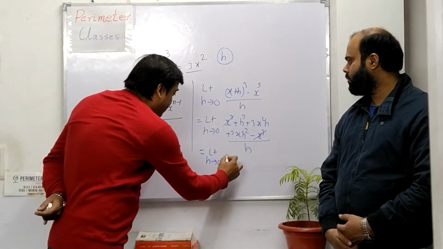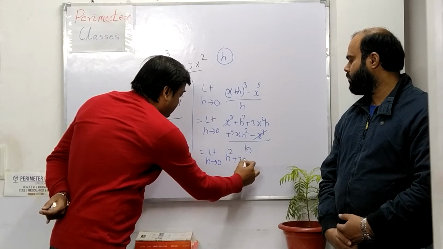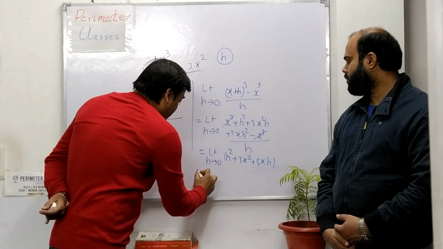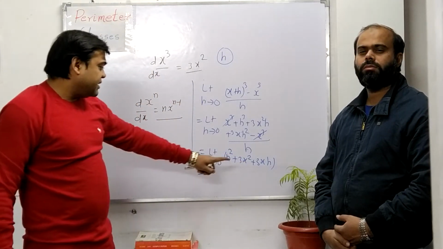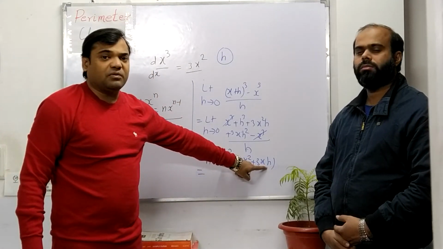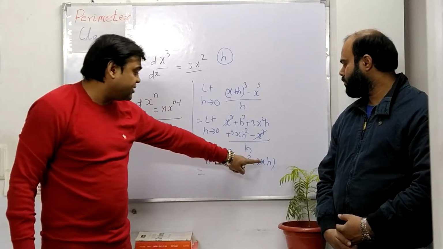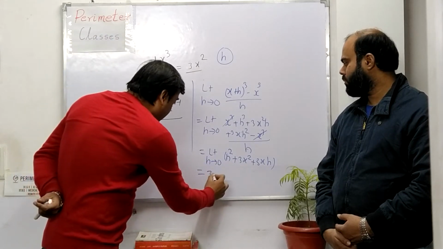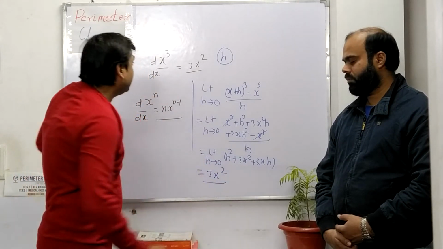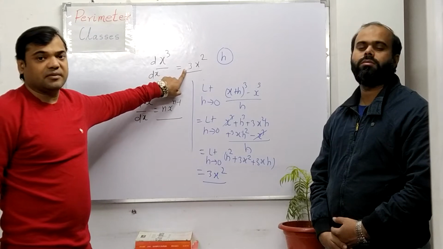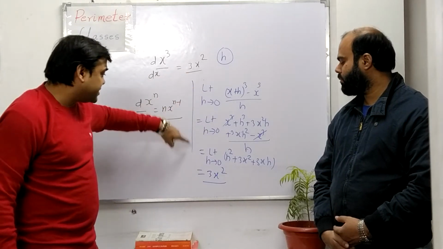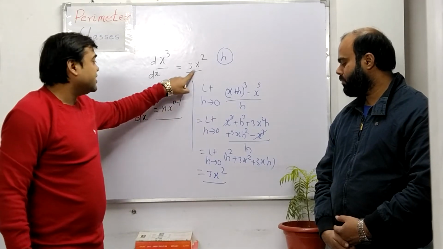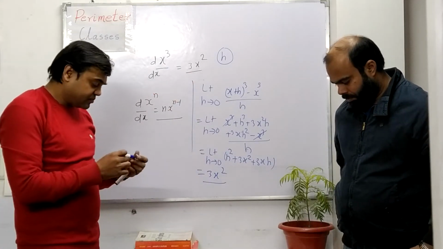So the expression that remains here is h square plus 3x square plus 3x into h. Now in the last line we can simply apply the value of h tending to 0, that is very close to 0. So these two terms become 0 and the final result will be 3x square, which is the same as this result. So either you can apply this derivation or you can simply use this formula and you will get the same result here.